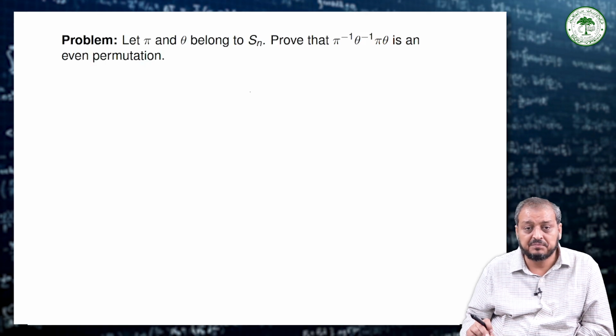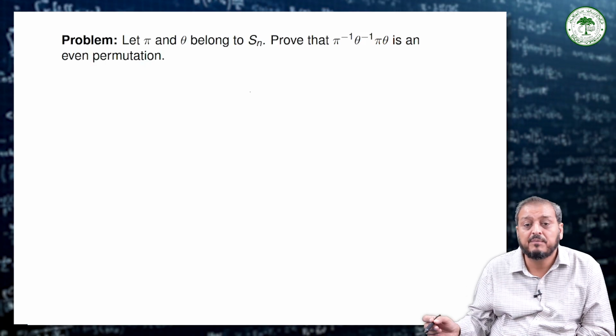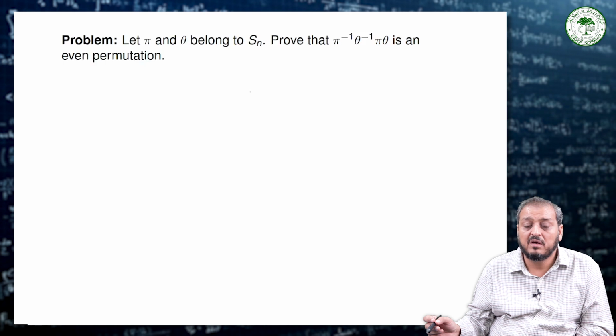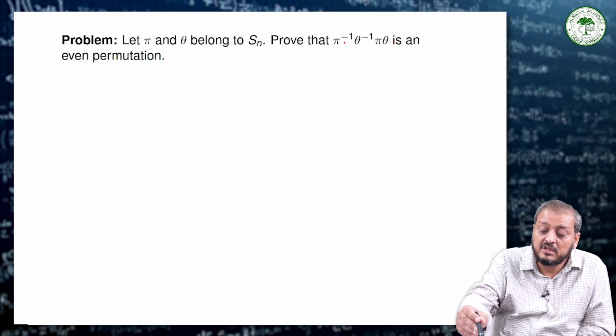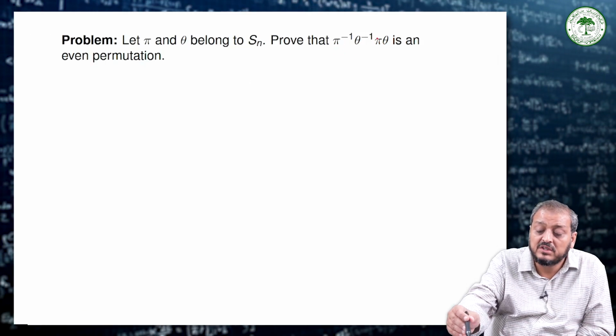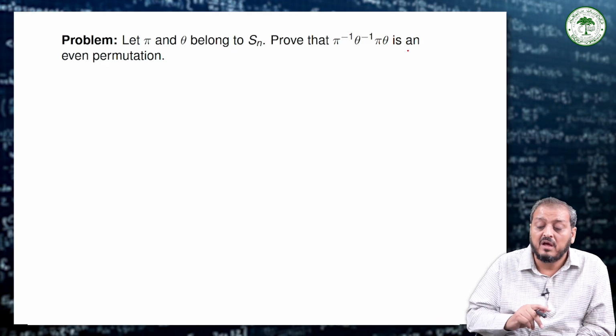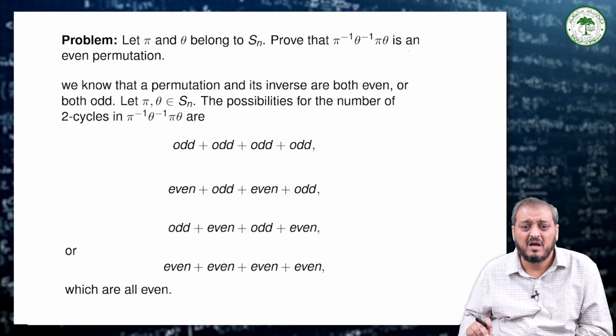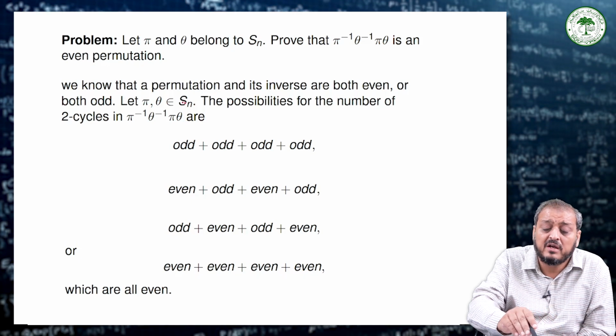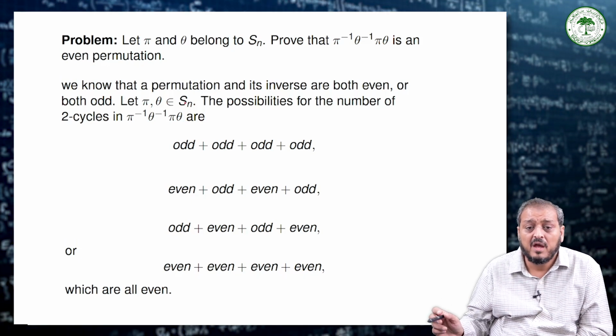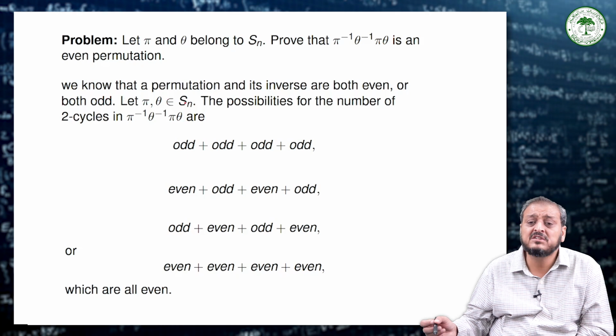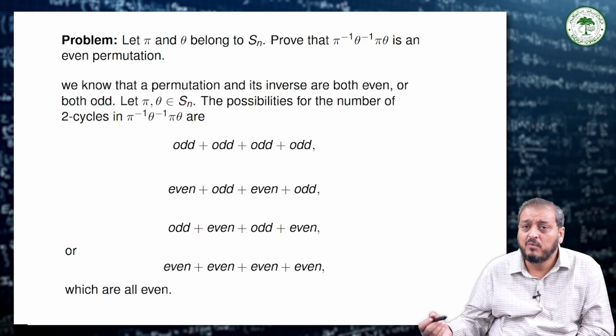Okay, now another problem: let pi and theta belong to Sn. Then theta inverse, pi inverse, theta inverse, and theta pi is an even permutation. This is again not very difficult. We know that a permutation and its inverse are both even or both odd.